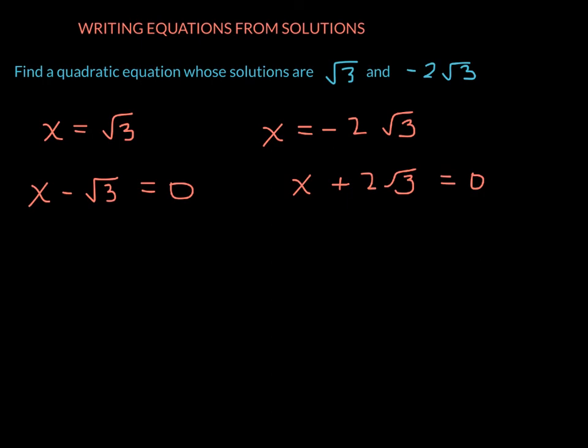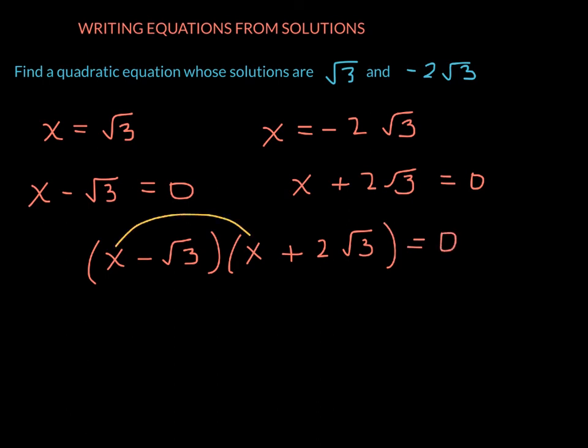Reversing the principle of zero products gives me x minus root 3 times x plus 2 root 3 is 0. And now we will distribute x times x, x times 2 root 3. So that gives you x squared plus 2x root 3.